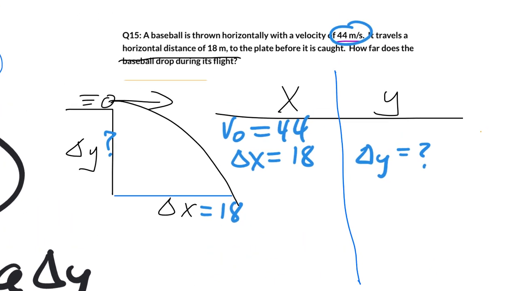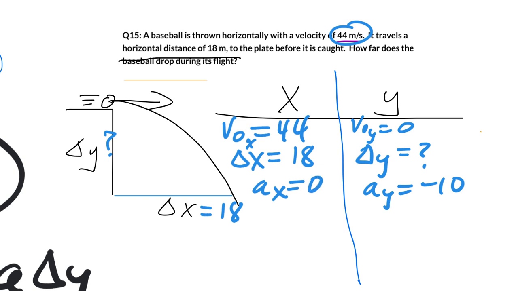Okay, let's see what else we know. VOX is 44. VOY is 0. AY is -10. AX is 0. That's about all I know. So I should be able to find the time first using the values that I have more of.